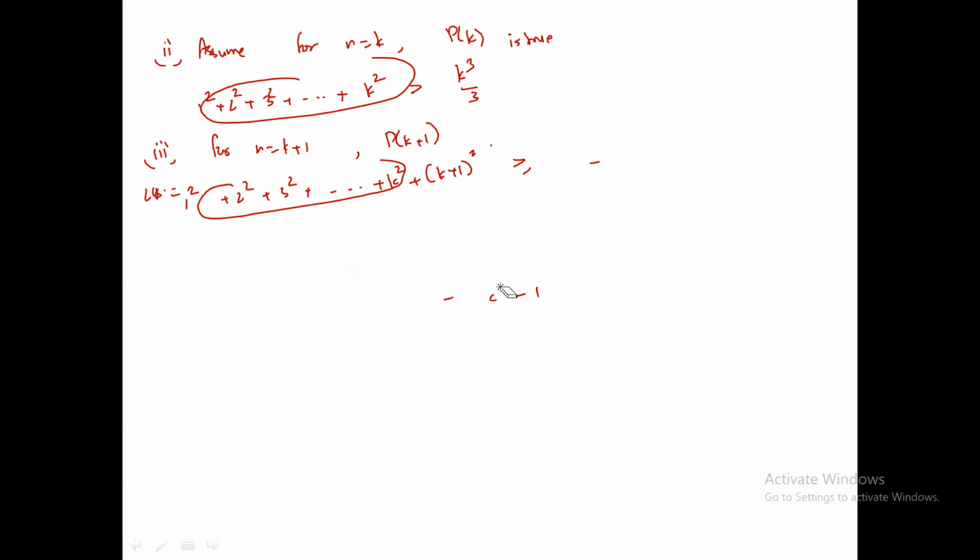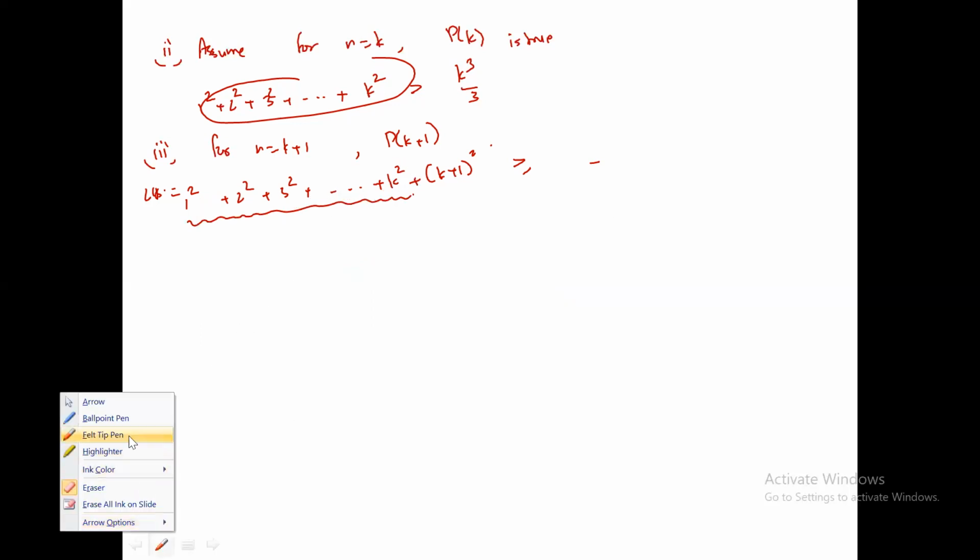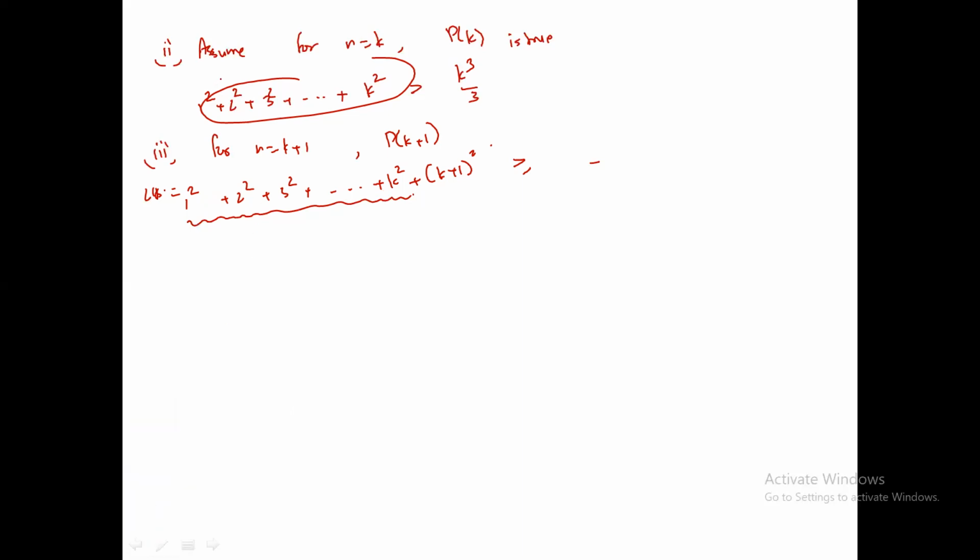When I put n equal to k plus 1 on the left hand side, I have 1 square plus 2 square plus 3 square up to k square, isn't it? I can use this P of k and write it is greater than or equal to k cube by 3.